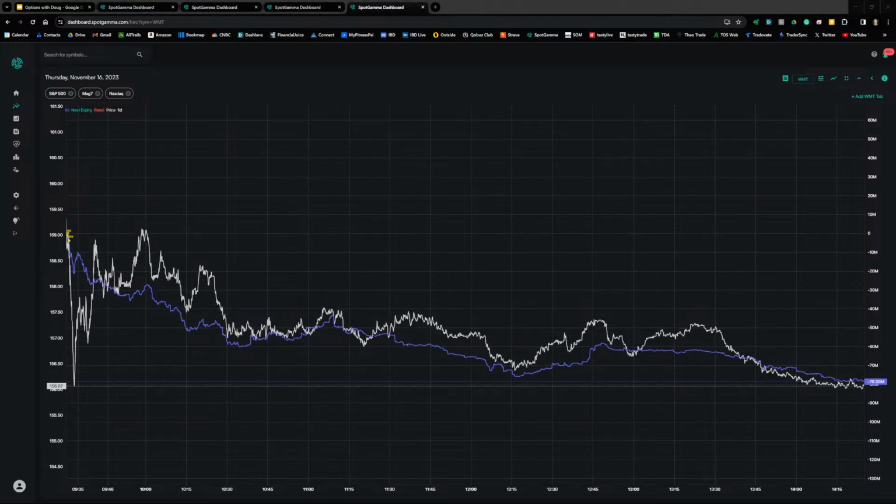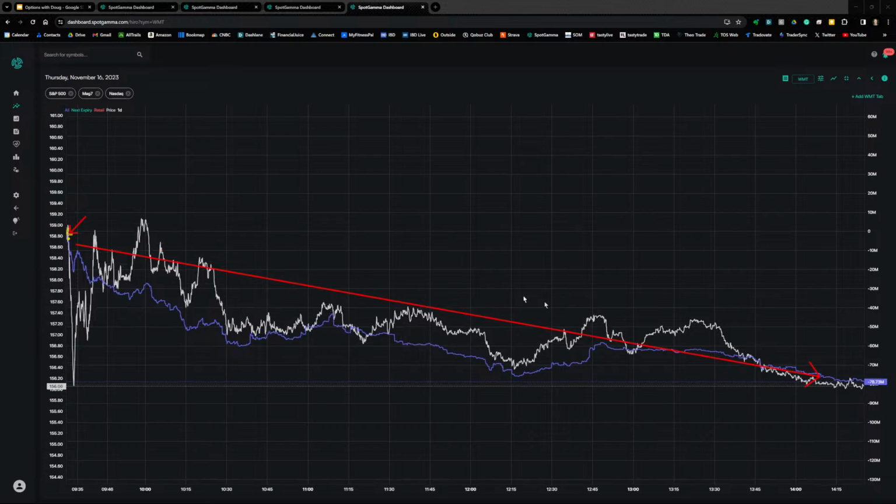Options traders have been taking negative delta positions from the open. Notice the flow alerts right at the open. Hero trending lower all day. I don't have Walmart in Bookmap, so we'll just have to look at it here in Hero.